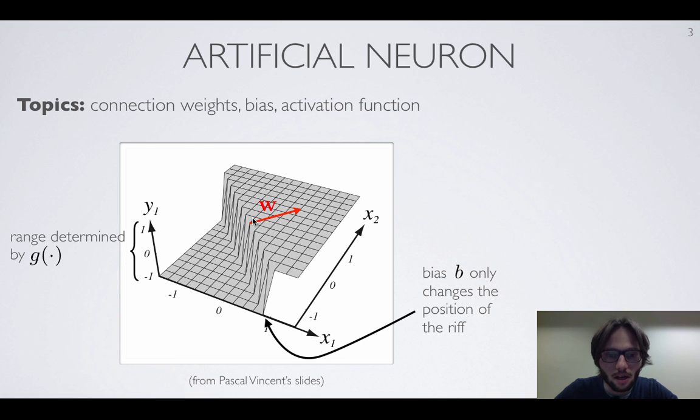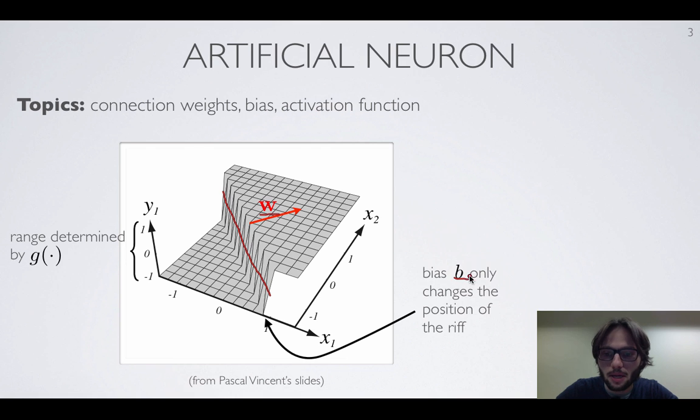Also, geometrically, it turns out that the vector w will actually be perpendicular with respect to the hyperplane in the space that separates these two regions that the neuron is distinguishing. So this vector w determines essentially the orientation of this ridge between the two parts of the space that the neuron is separating.